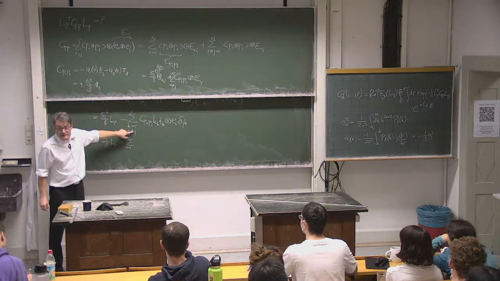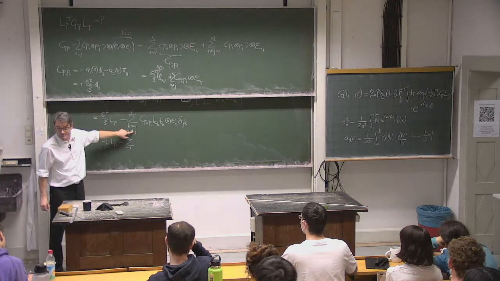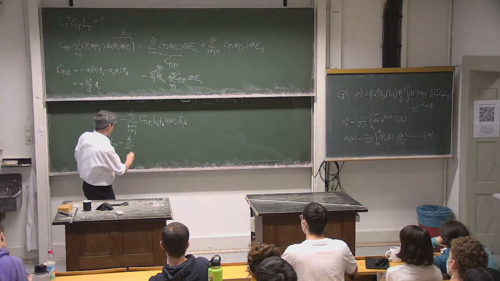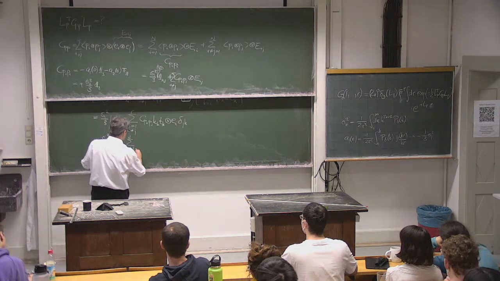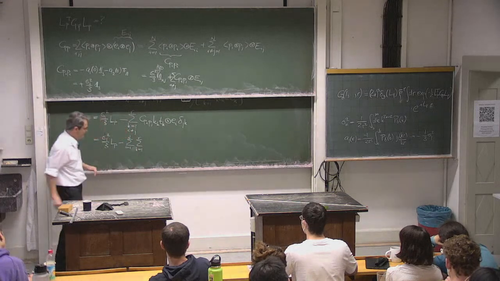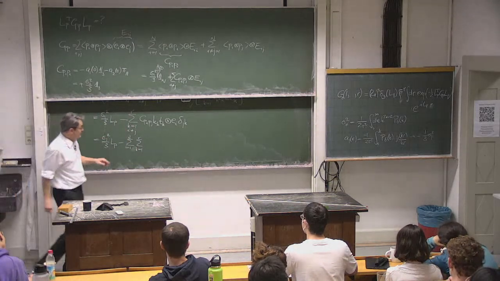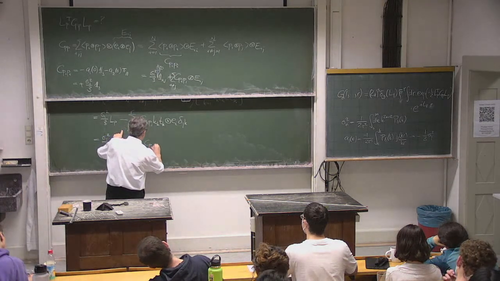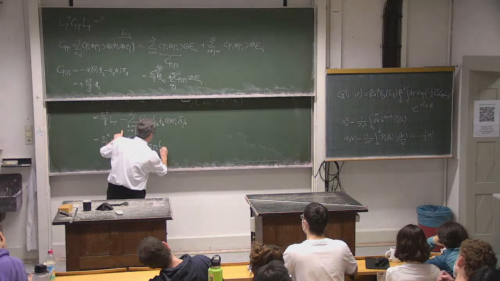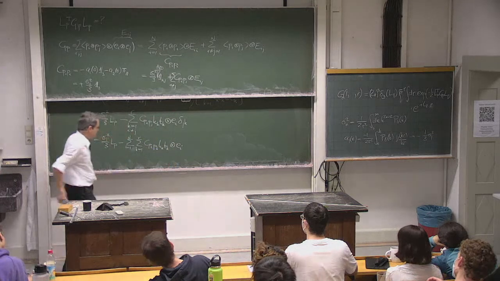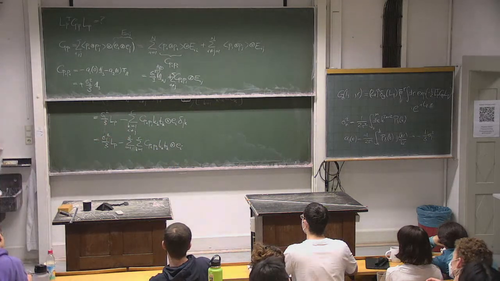But the sum over J is now dramatically reduced. So the sum over K equals 1 to r remains. And then we have C_PiPk kappa_k t_k times E_I. Okay?